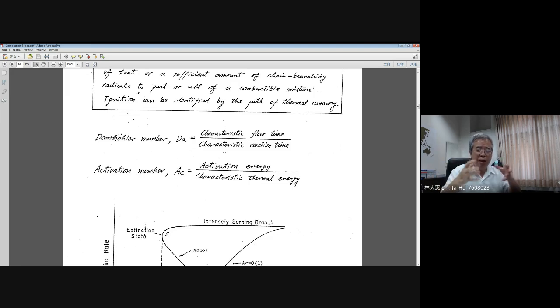Then they cannot stay in the control volume to proceed with the chemical reaction. Short flow time or longer reaction time will give you a decreased Damköhler number, right? In the numerator, flow time shorter, Damköhler number is smaller. Reaction time in the denominator is longer, then your Damköhler number is smaller.